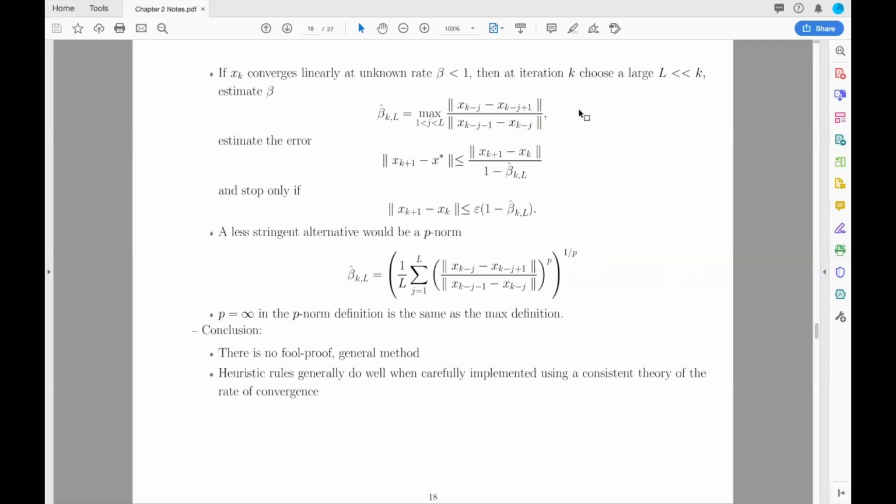So what does that mean? Well, beta is going to be related to, okay, let's look at this expression. For each j here, this is x_{k-j} minus x_{k-j+1}.